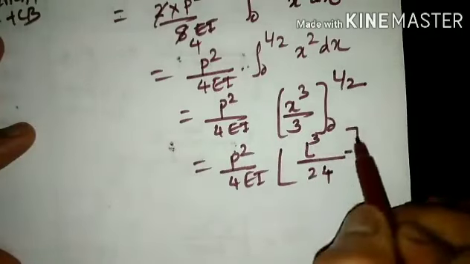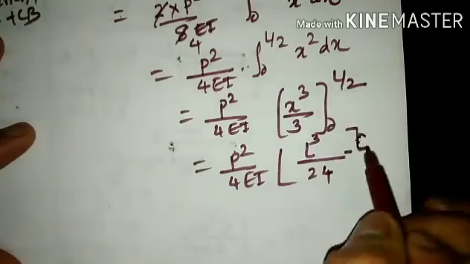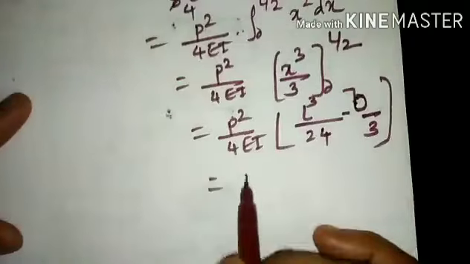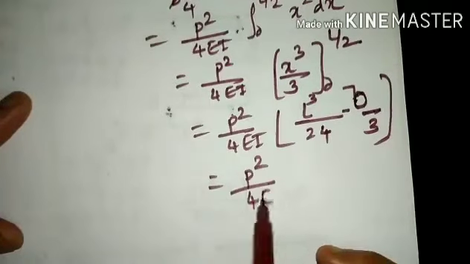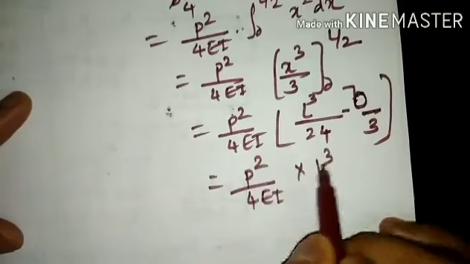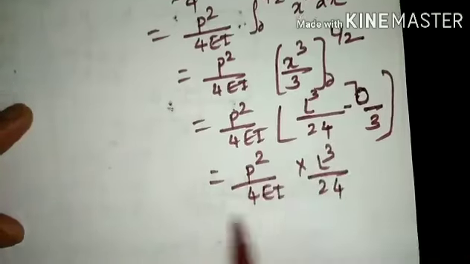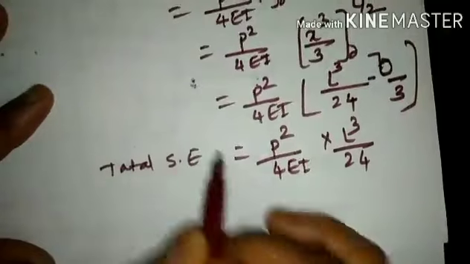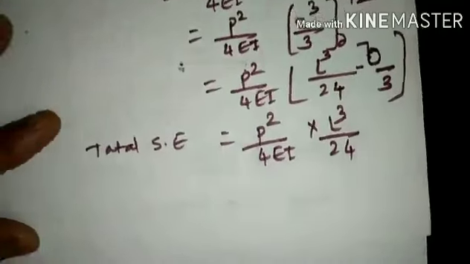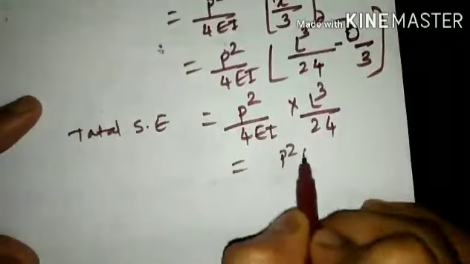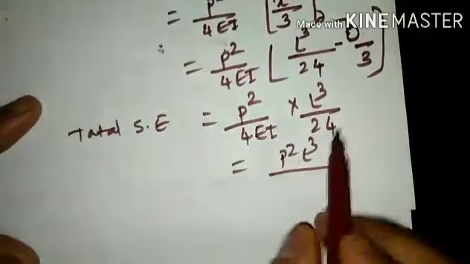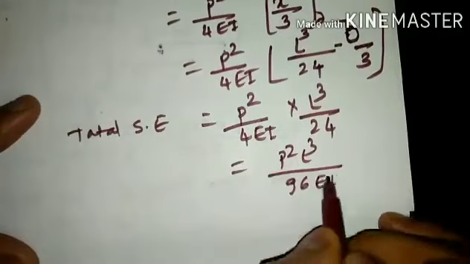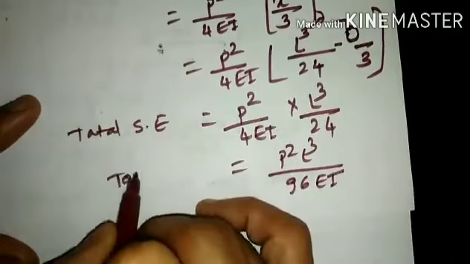For the second term, if I substitute 0, I can directly write it as 0 divided by 3. So this will be P squared by 4EI into L cubed divided by 24. Simplifying, this will be P squared L cubed divided by 4 into 24, which is 96EI. So this is the value of total strain energy.